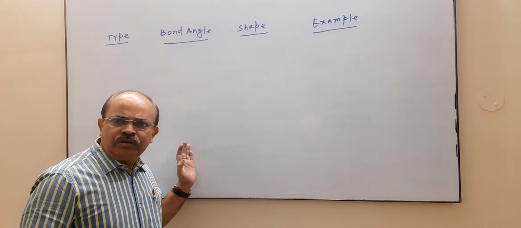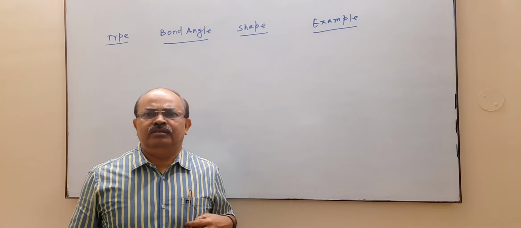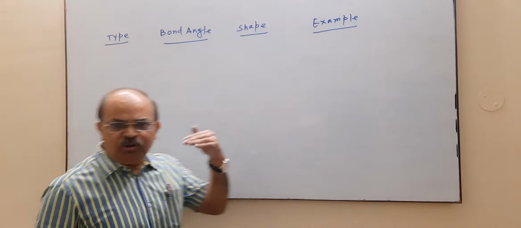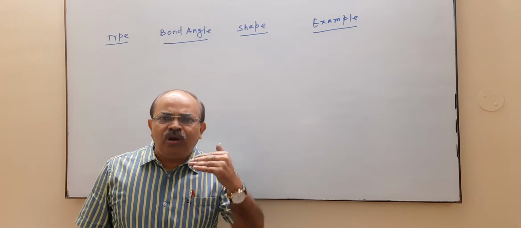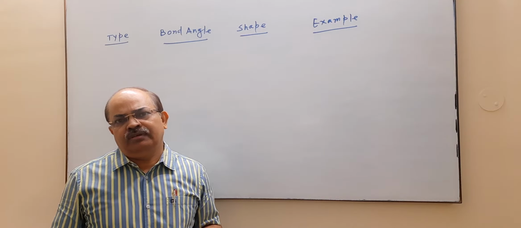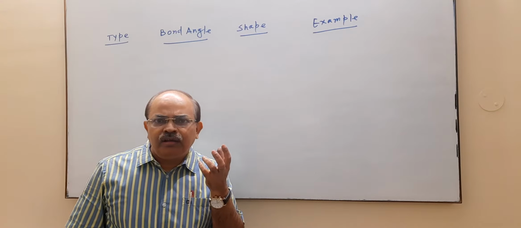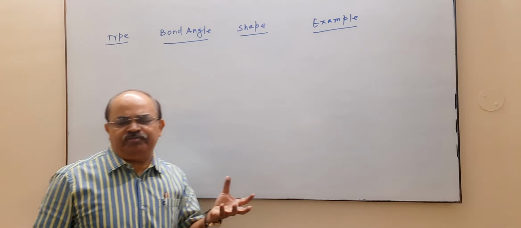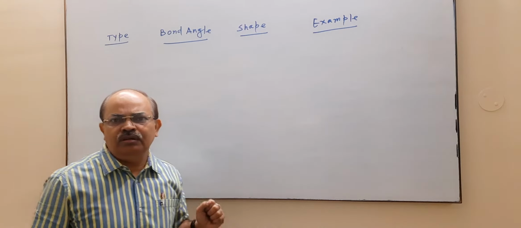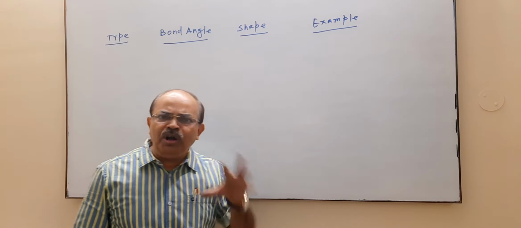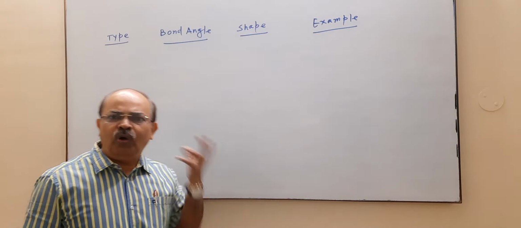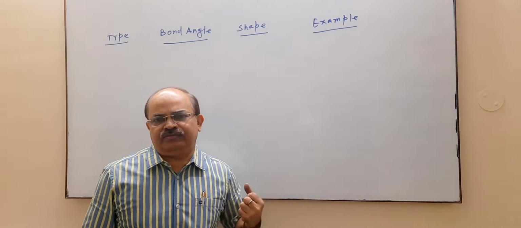Now, in this video lecture, we will summarize in a tabular form the different types of hybridization, what the shape of that particular hybridized molecule should be, what bond angle is connected with that hybridization, and one or two examples.